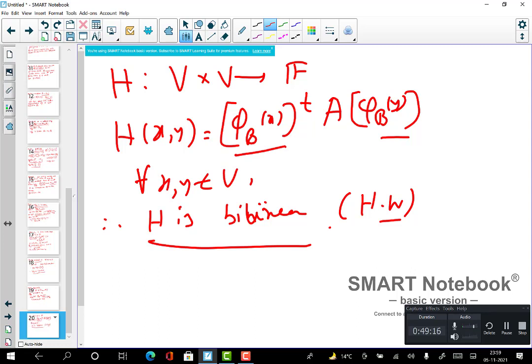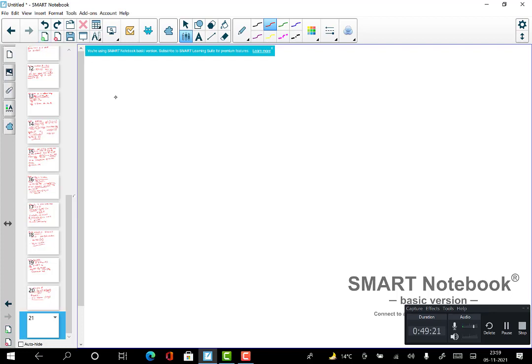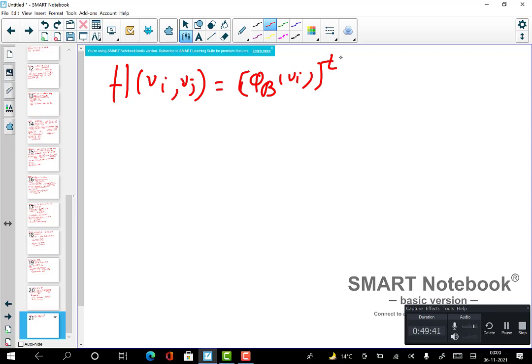Okay, and then how to prove it? This is simple. So next, to check what the matrix representation is, we evaluate H on the basis vectors Vi, Vj, and this will be phi B of Vi transpose, then A, and then phi B of Vj.